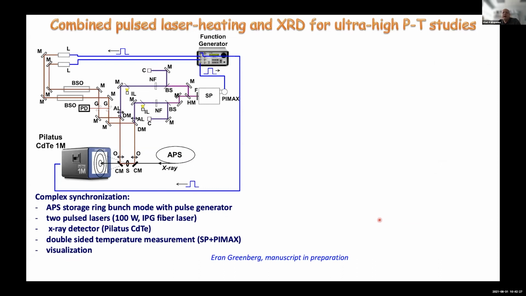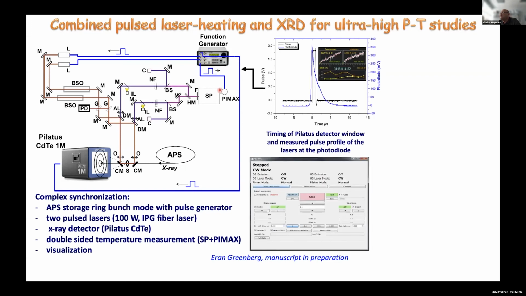If you want to go to much higher temperatures, we are using pulse laser heating, where we combine the storage ring structure with a pulse laser and detector gating mode. So you can see the pulse of the laser and the window for the detector and the temperature measurements.